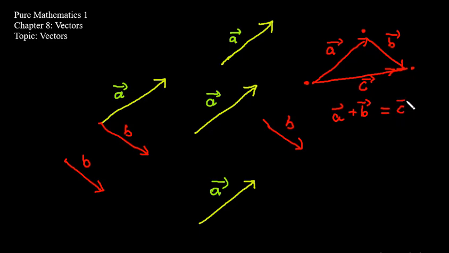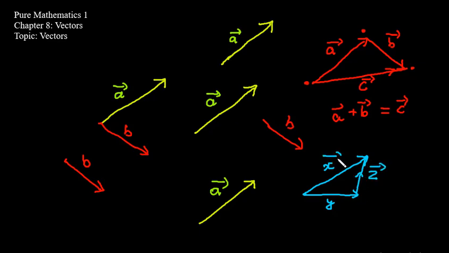Okay, let me take another example. Here I have one vector, I call it vector X, and here another vector, I call it vector Y, and here I have this vector, which is vector Z. Which equation can we form from here?